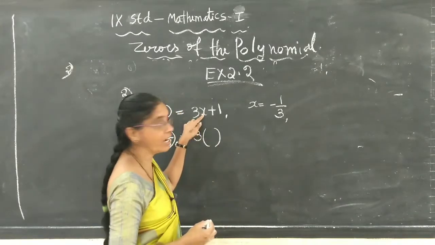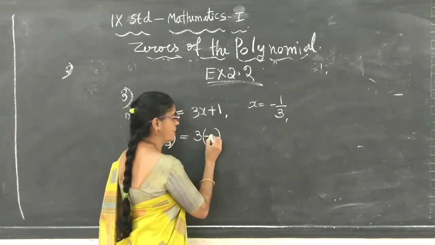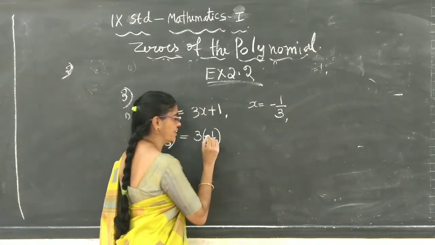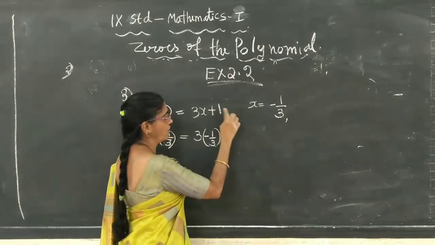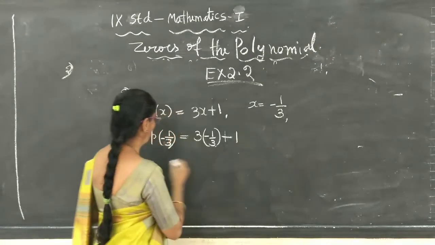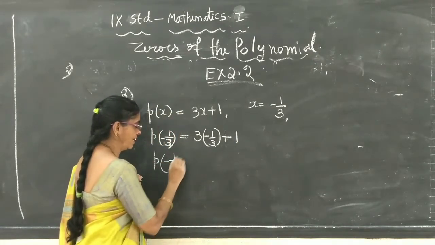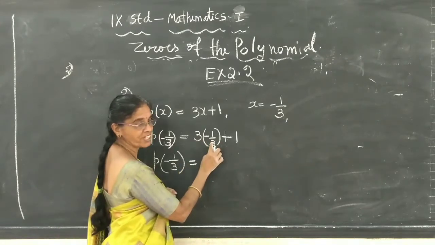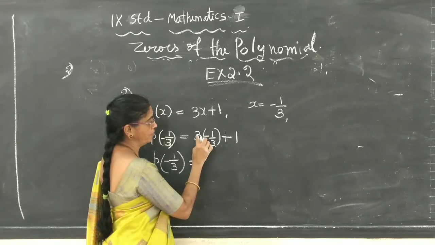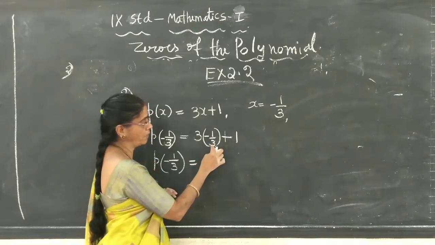Now I have to substitute the x value, which is minus 1 by 3. Right? Then write the plus sign, and then 1. So the value of the polynomial at minus 1 by 3 becomes 3 by 1 into minus 1 by 3. So 3 is in the numerator, so numerator into numerator divided by denominator.